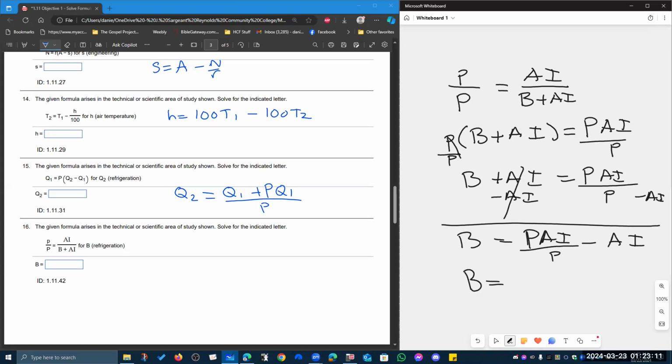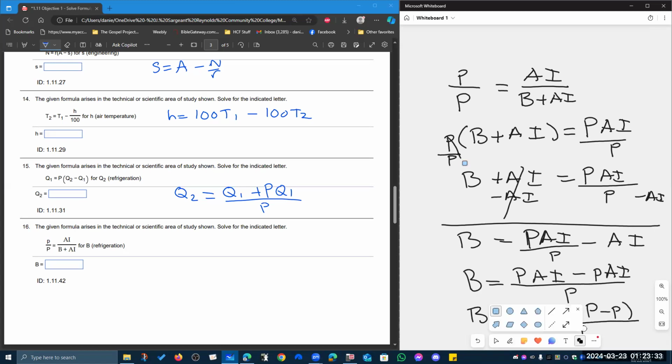Big B equals capital P, capital A, capital I minus little p, capital A, capital I, which means that big B equals capital A, capital I times big P minus little p divided by little p.